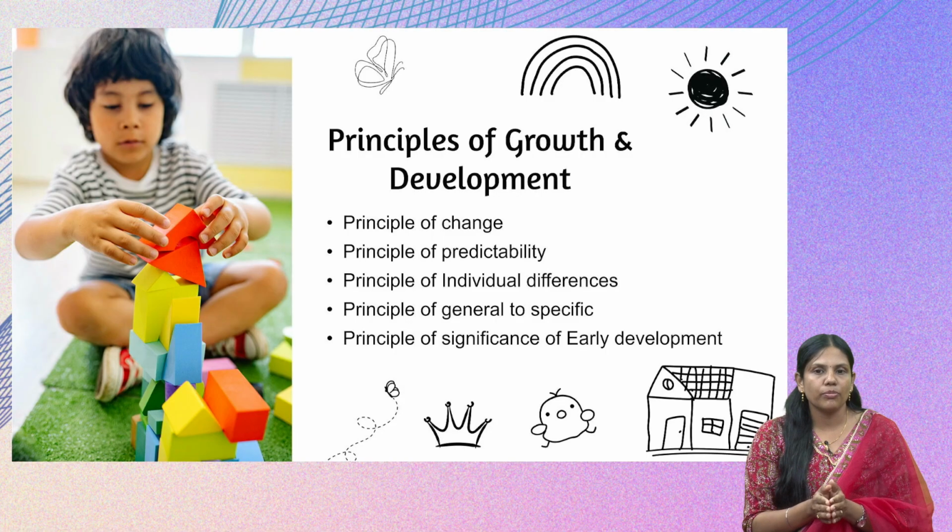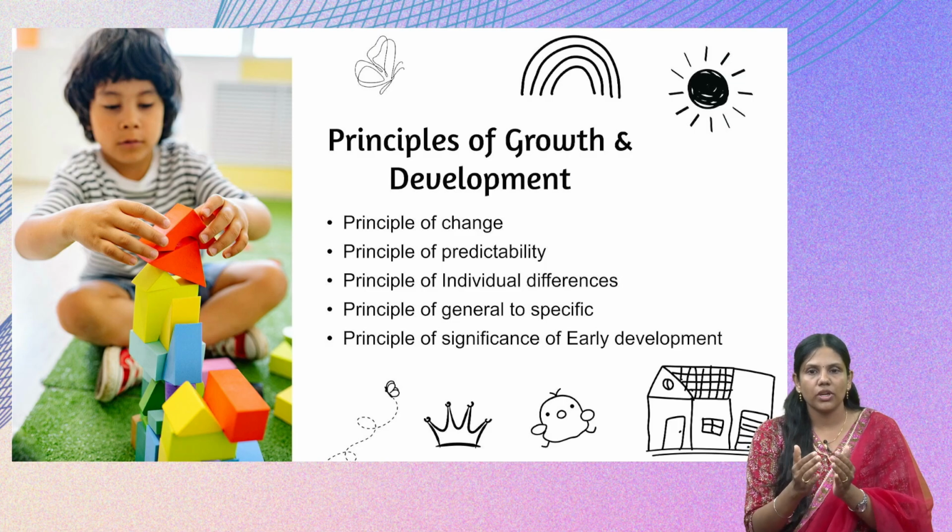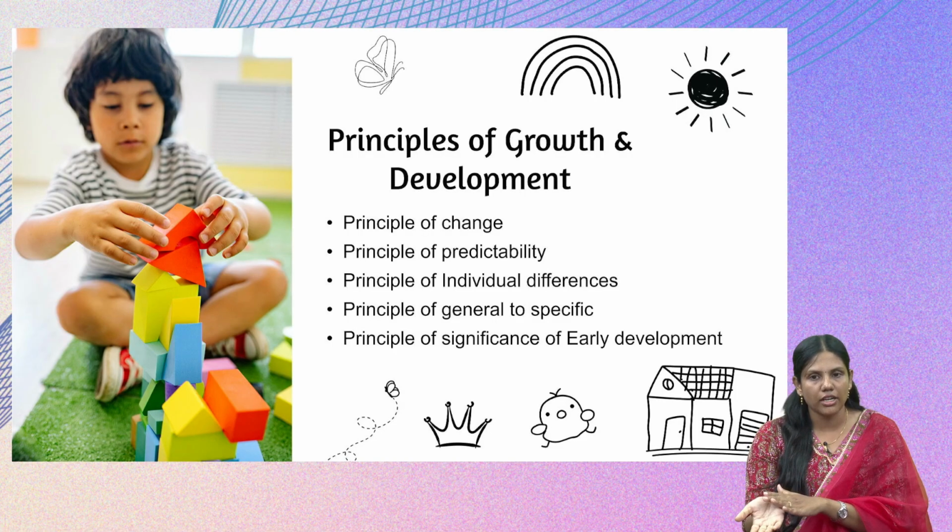Then the principle of predictability. What does it mean by predicting? We are able to guess. For example, if you have observed, when you go to the doctor with a small baby, the doctor will ask, did the baby reach the milestone? Was the baby able to crawl? Was the baby able to sit? So at a particular age, we have indicators like this baby can start sitting, this baby can start crawling, this baby starts to walk.